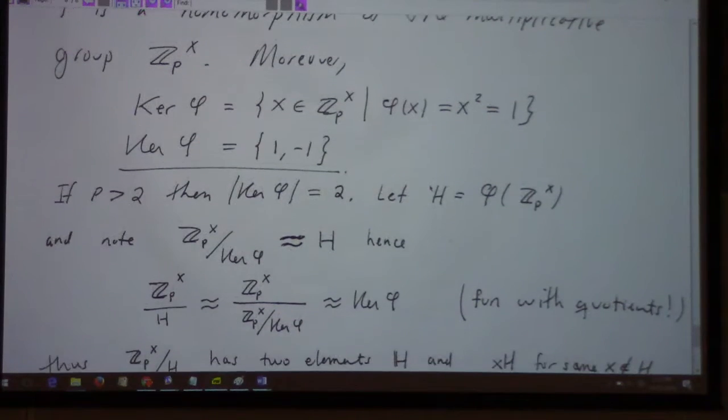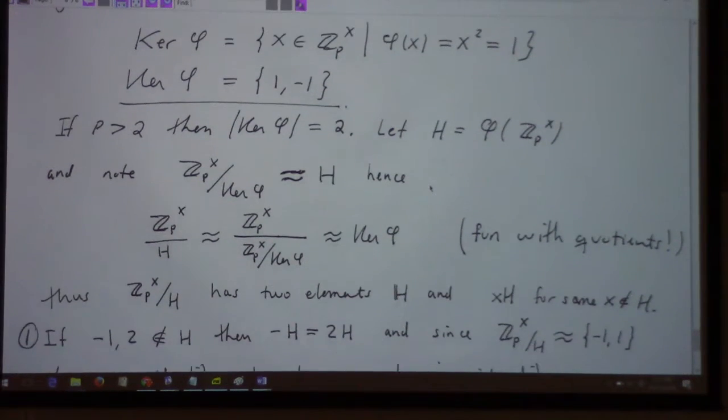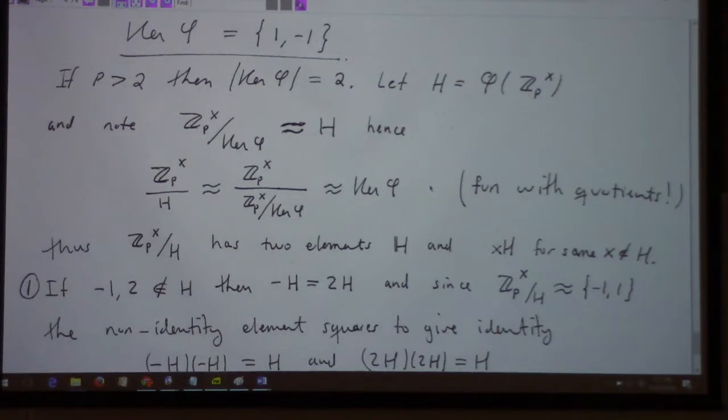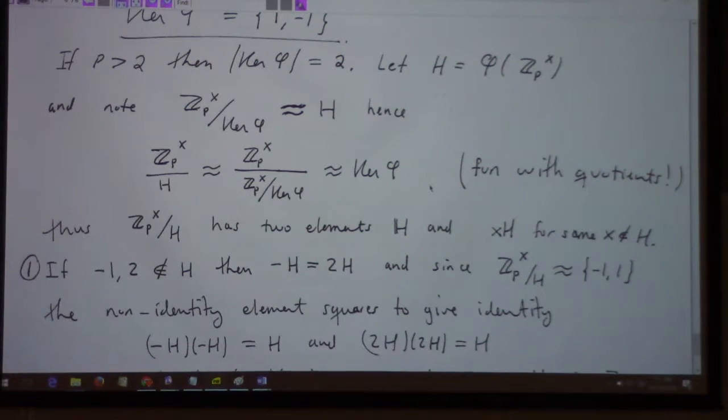So think about this. If p is greater than 2, then the order of the kernel of phi is 2. If you let h be the image of the homomorphism, then by the first isomorphism theorem we have that Z_p non-zero mod the kernel is isomorphic to h.